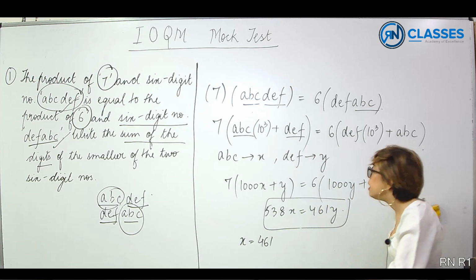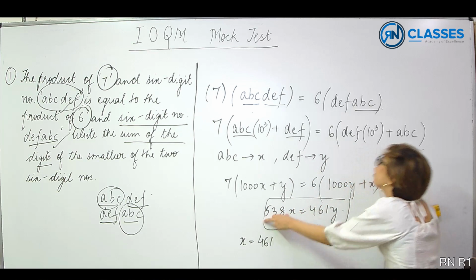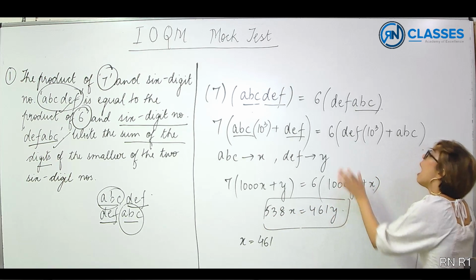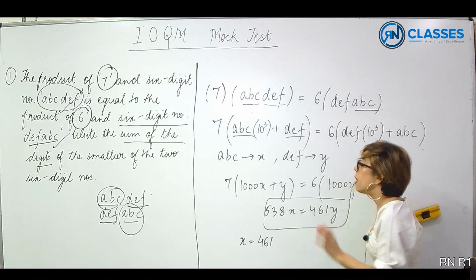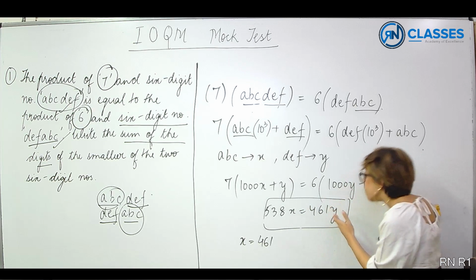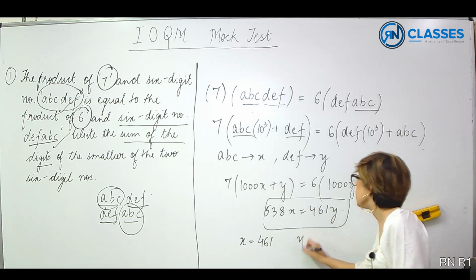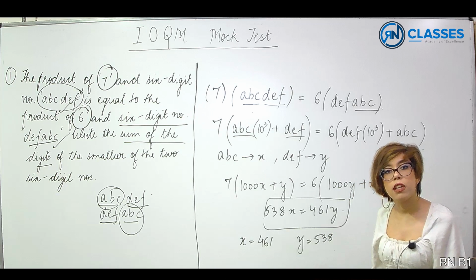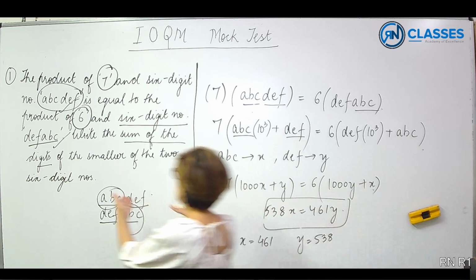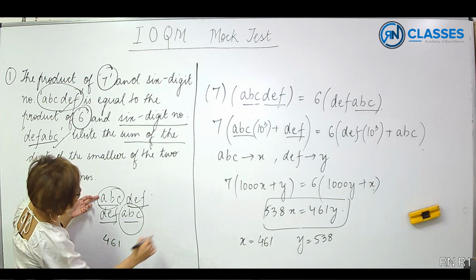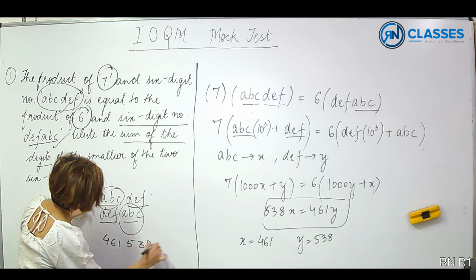Right? On similar lines, obviously 538 will not divide 461. It has to divide Y. Again, Y is a 3-digit number. That means hardly any possibility. In fact, just one possibility. That means Y has to be 538. No other possibility is there in fact. So my numbers are nothing but one number is 461 and 538.